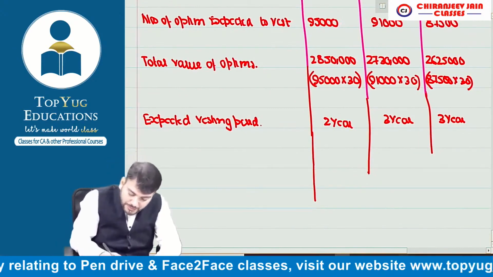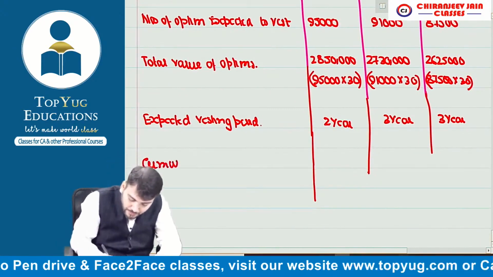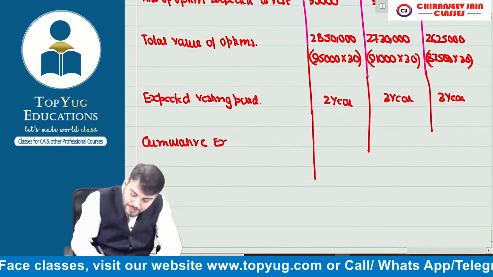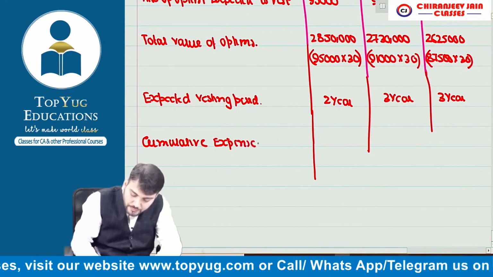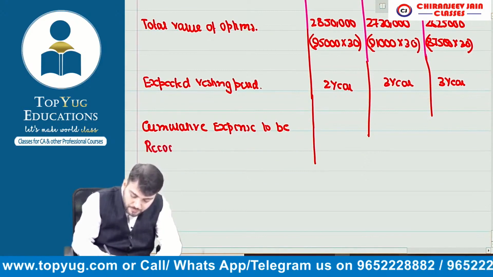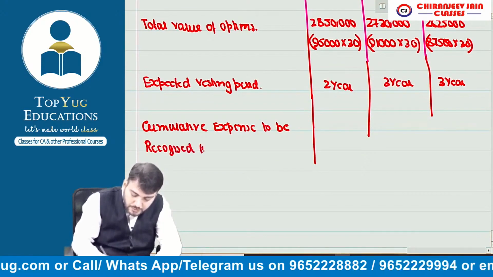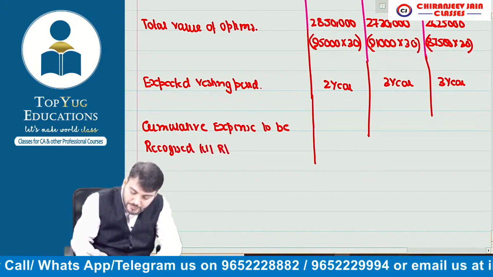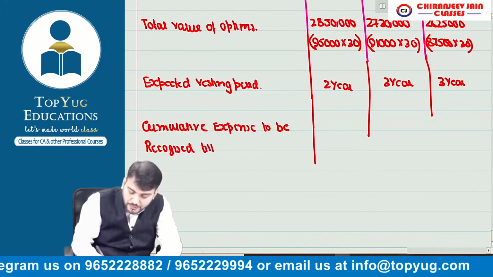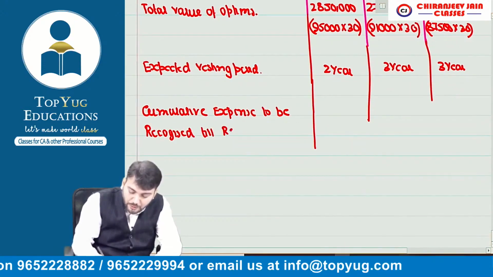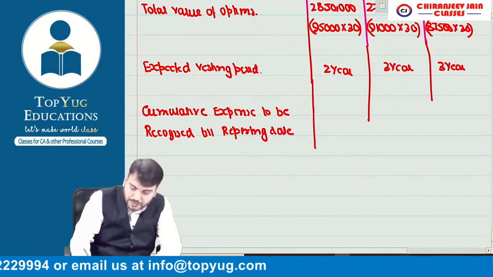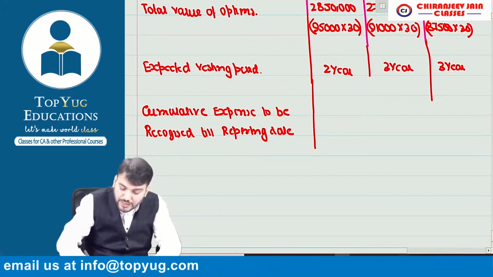Then write down cumulative expense to be recognized till reporting date. Correct? So cumulative options expense.